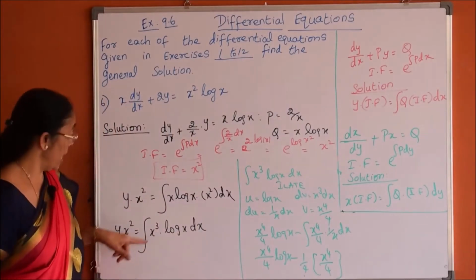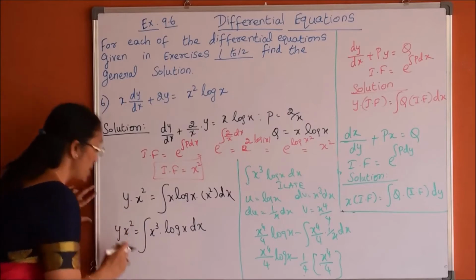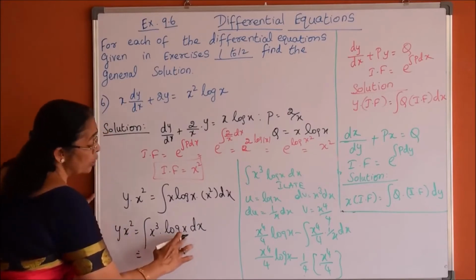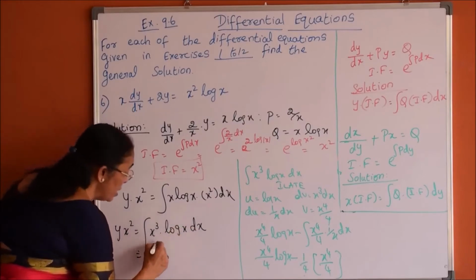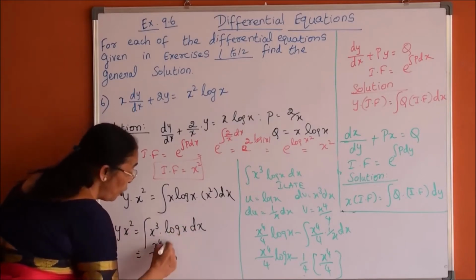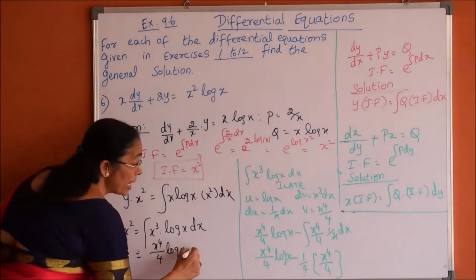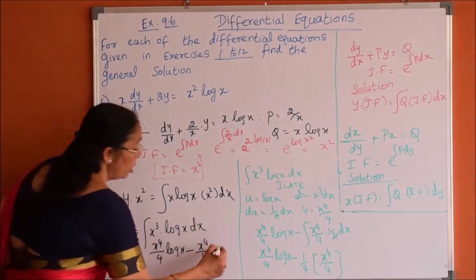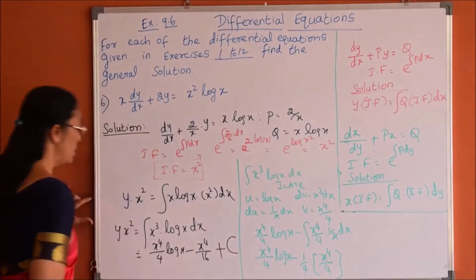So we can write here yx square is equal to the integration of x cube log x dx, which is nothing but x to the power of 4 by 4 log x minus x to the power of 4 by 16, plus one constant c.